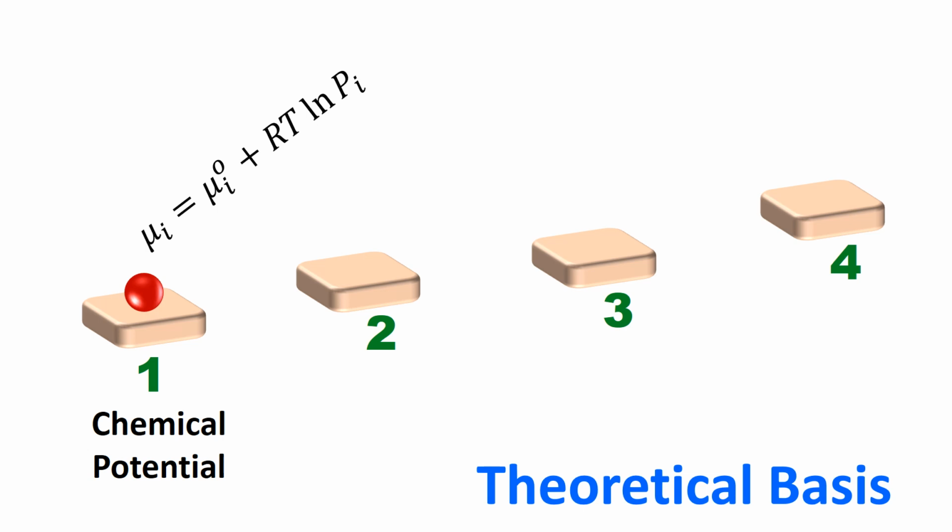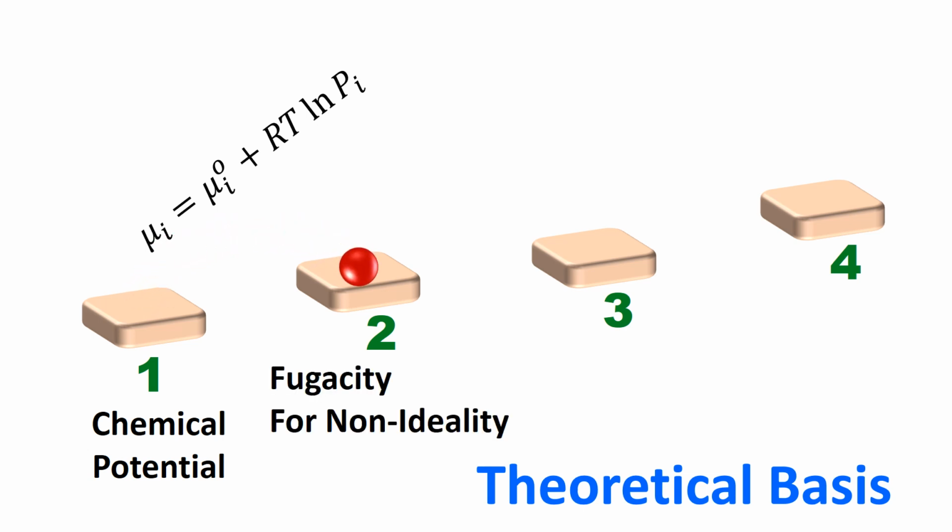Fugacity is a measure of the escaping tendency of a vapor. It is then applicable to real systems, whether mixed or pure, ideal or real. The equation can be written as.